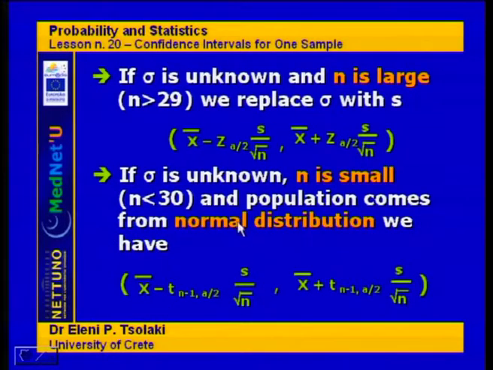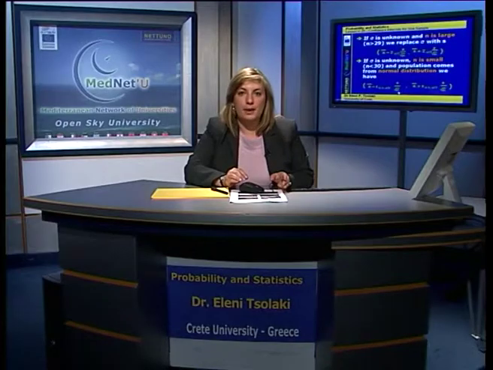If we look closely, we see that this is very similar to that, the only difference being that the distribution has changed. Here we had the standard normal distribution. Here we have what is called the t-student distribution.